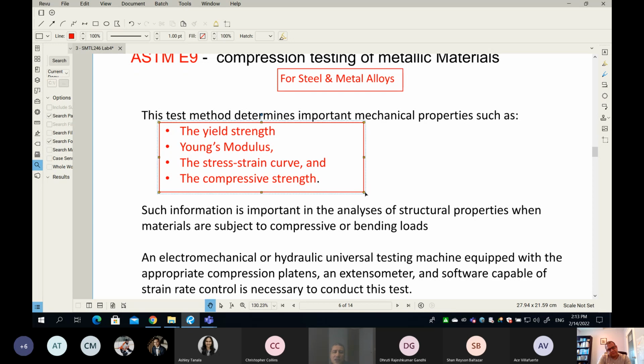Those metrics are, I'm going to box them out for you, and that's our objective. Our objective is to find, for the material, the modulus of elasticity. We also need to find yield strength. We need to establish the stress strain curve from which we can find those numbers. And then finally, we need to find the compressive or the ultimate stress.